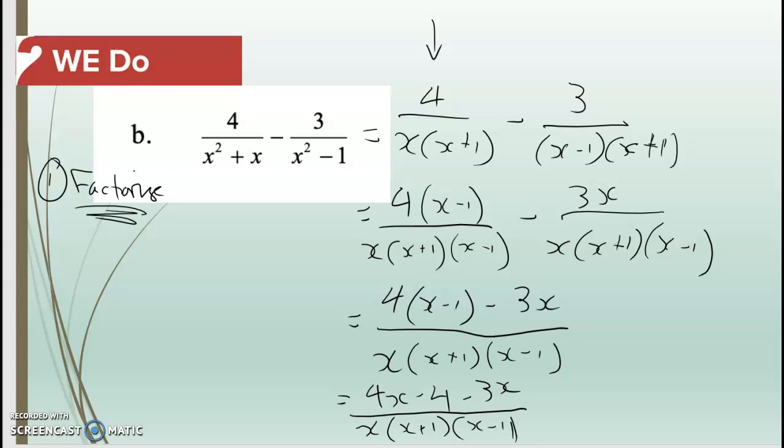Now collect like terms, so we have x minus 4 over x(x plus 1)(x minus 1), and we're done.